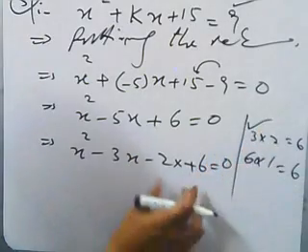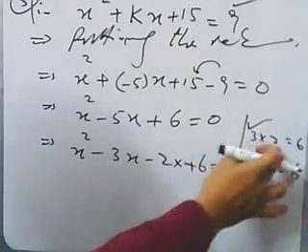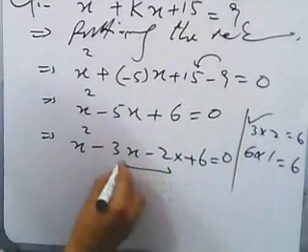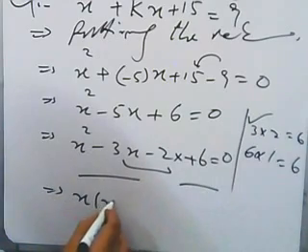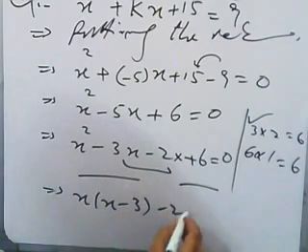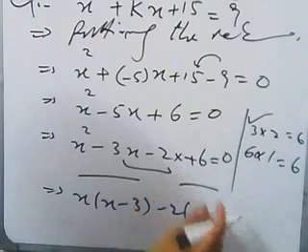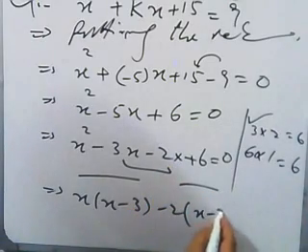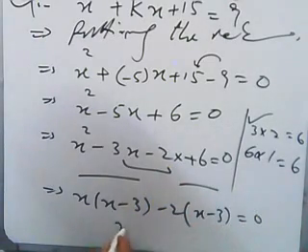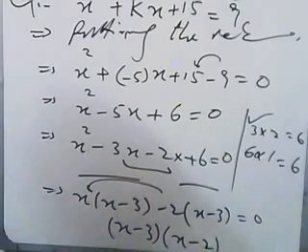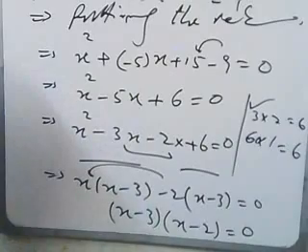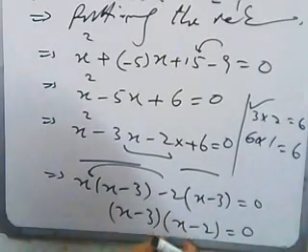And minus 3 minus 2 will give you minus 5. So make the pairs, factors are okay, so take the common, and minus 2 in from second pair you will get x minus 3 is equal to 0. So x minus 3 and x minus 2 is equal to 0. So you see here are the two factors.